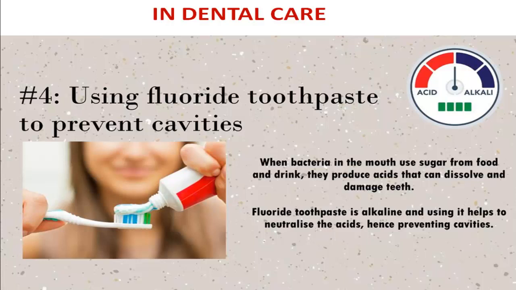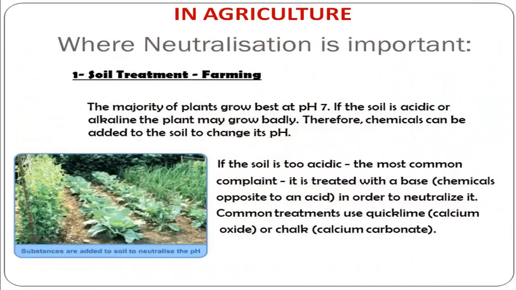Now we will learn about neutralization reaction in the agricultural field. We know that for growing more crops, the best pH level of soil is 7, and that is neutral pH level. So if the soil is acidic or basic, then the plant may grow badly.